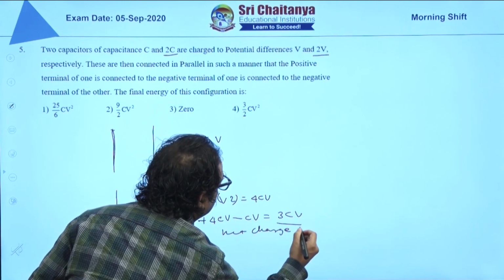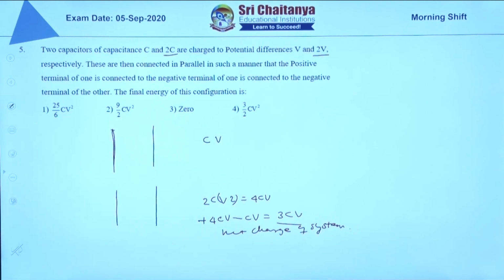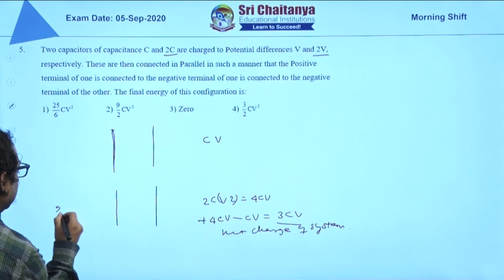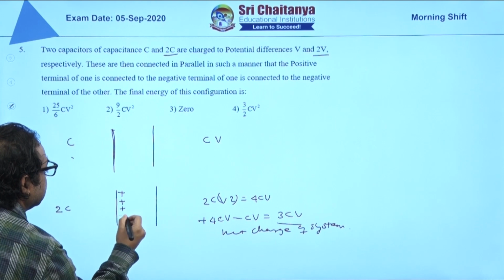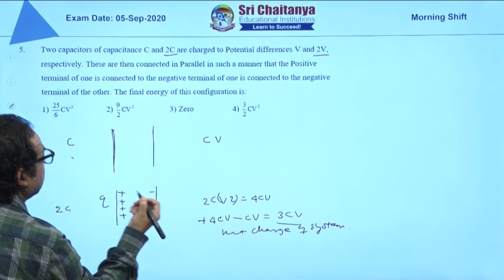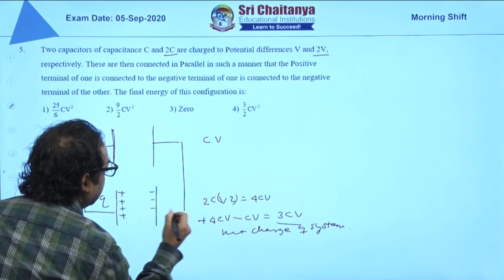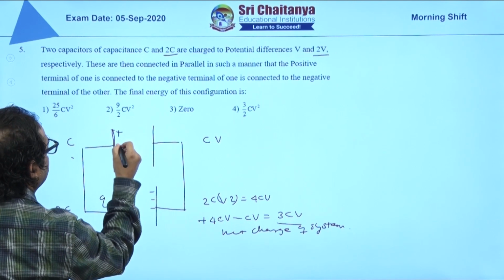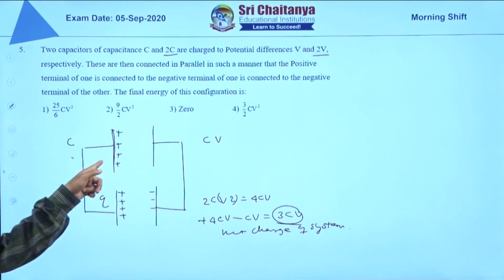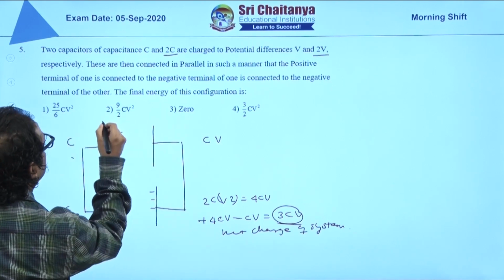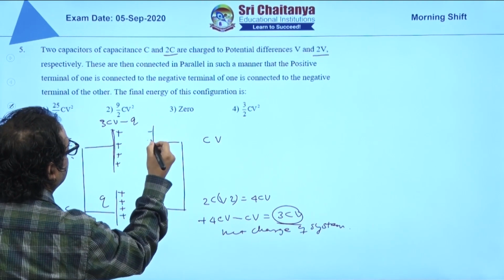Now, let us say this is the capacitance having 2C, here it is C. Let the amount of charge here be Q after connection, and here the remaining charge, total charge is 3CV, and here the charge present is 3CV minus Q.